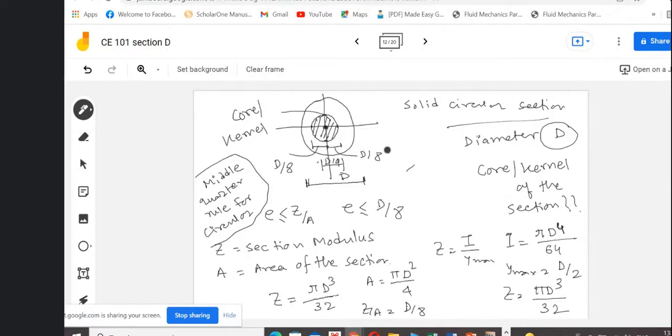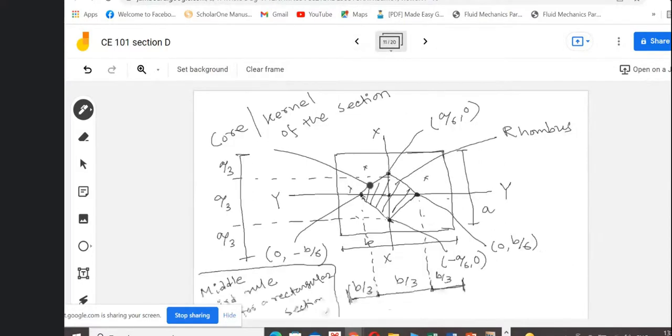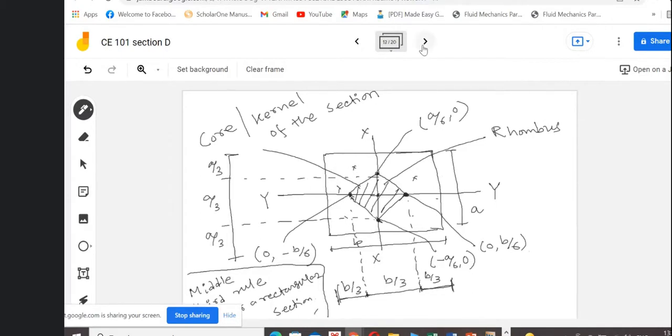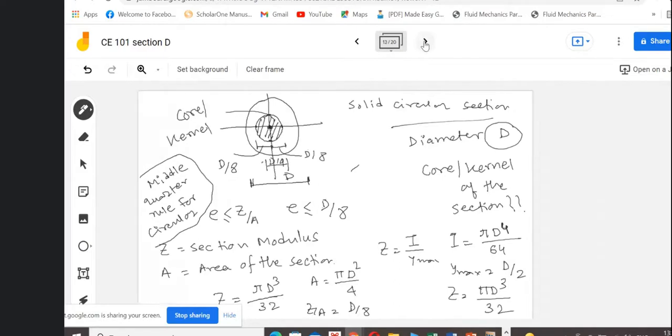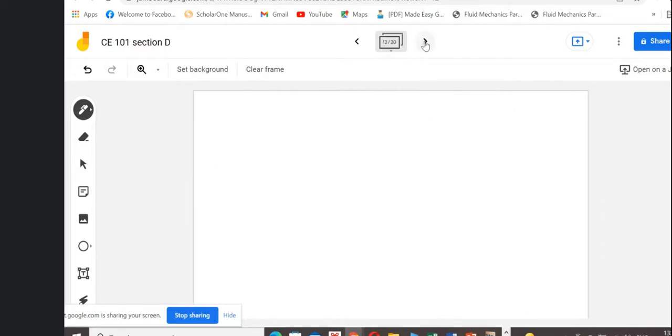Now, if we extend this to a case, like this is for a solid rectangular part and this is for a solid circular part, we want to see how we will react if we have a hollow section here.